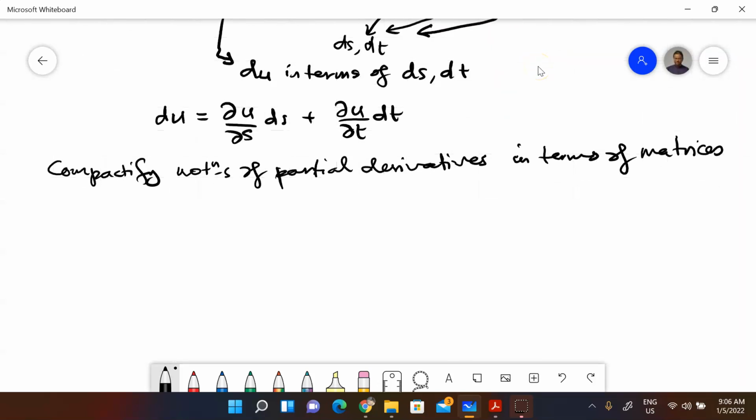So what you have is essentially your u, remember your u is a function of x, y, z, but you are required to find partial u, partial s, partial u, partial t. So I can think of this pair of partial derivatives as a matrix. So this is a matrix 1 by 2, and this is what you do not know.